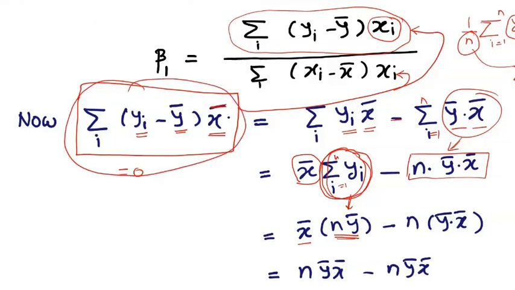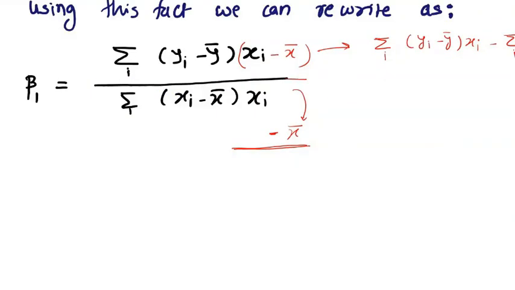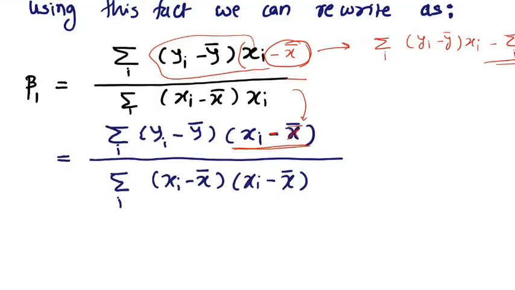So by adding that term, we are not changing anything. By adding this quantity, the equation remains the same, since this portion is equal to 0. But this will make things simplified. So the same trick we are going to use in the numerator. So the numerator is also added with this minus x bar. So this quantity, if I expand again, will be equal to 0.